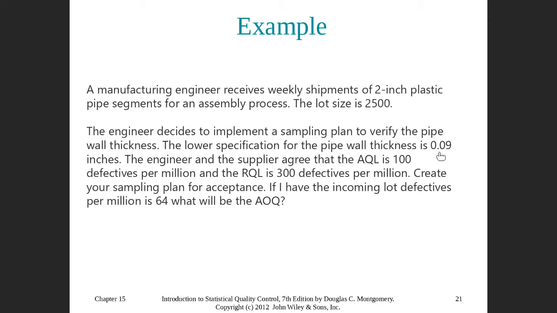In this case, since only the lower was given, we can use only the given information that we have, which is 0.09. Since the upper was not given, we don't have to worry about that. So let's go to Minitab and see how this will look, and then we go back and interpret the results.